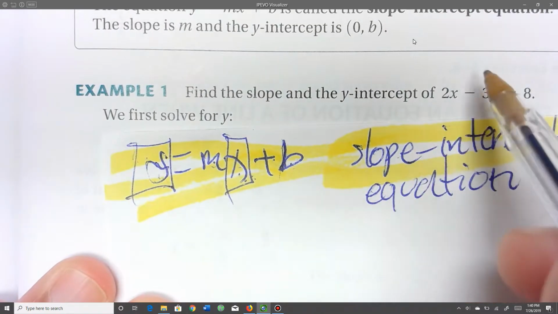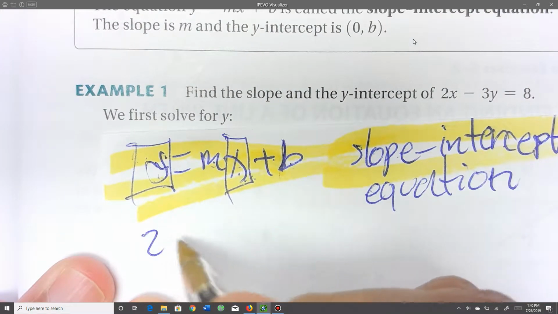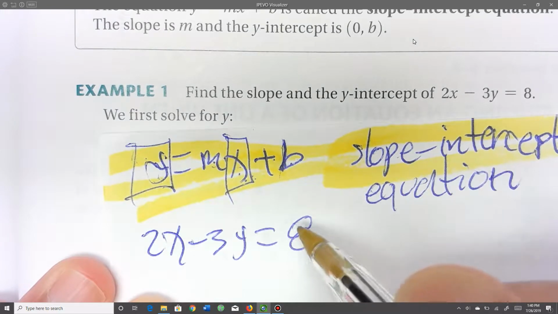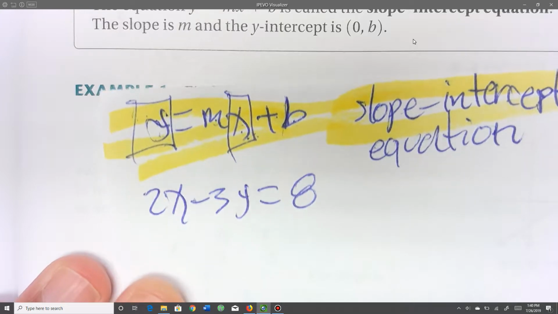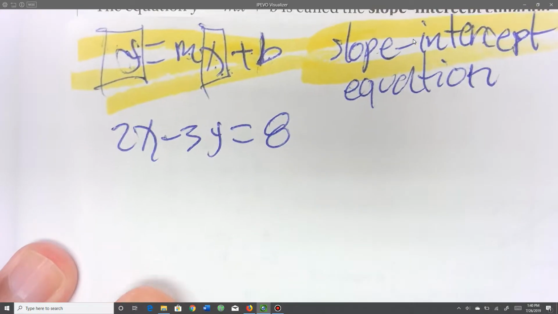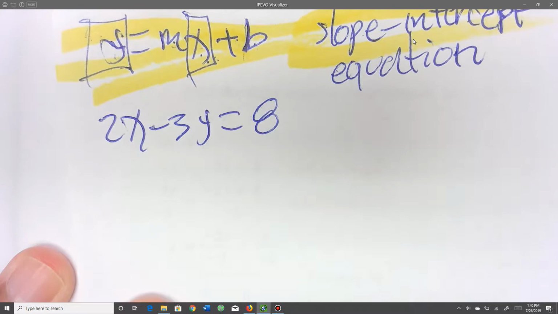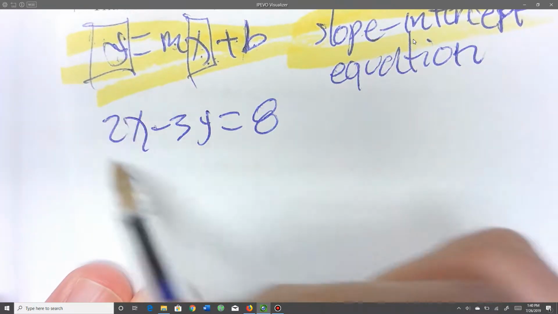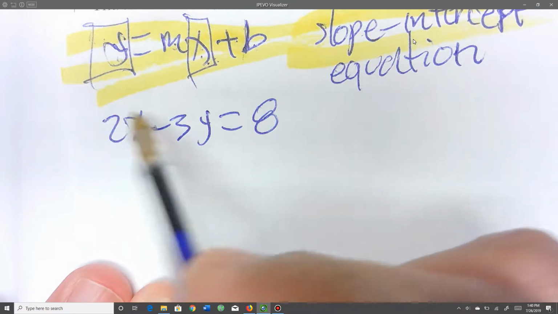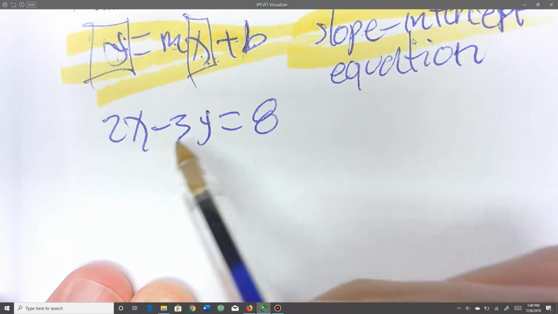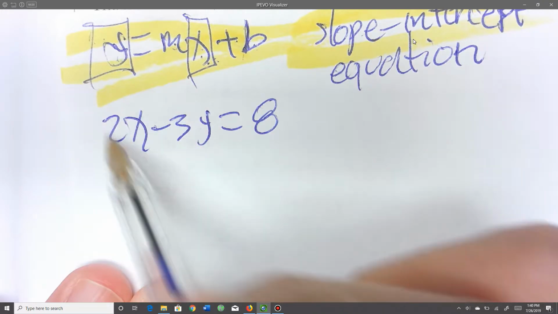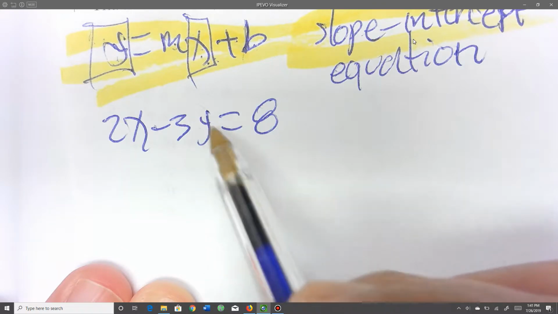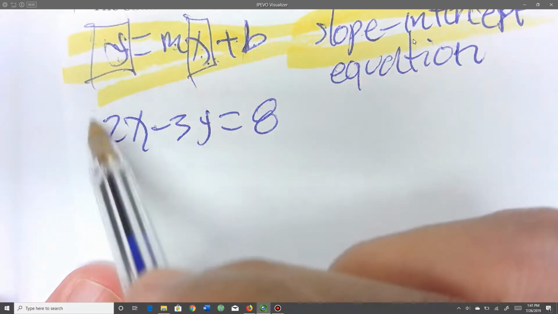I'm just going to rewrite the problem over here: the equation 2x minus 3y equals 8. And from here I solve for y. Again, it's just like solving for x, like we've been doing. You always move the terms that do not have the variable that you're trying to isolate, in this case this whole thing.